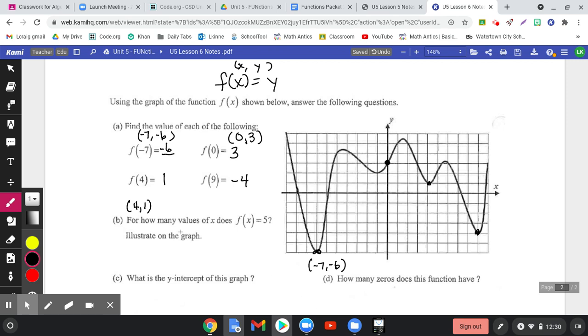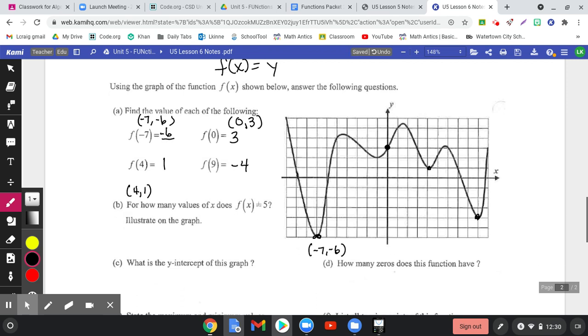All right, for how many values of x does the y value equal 5? So the easiest way to think about that one is to find where the height is 5. So you want to find 5 on the y-axis. 1, 2, 3, 4, 5. So anything that goes from here over has a y value of 5.